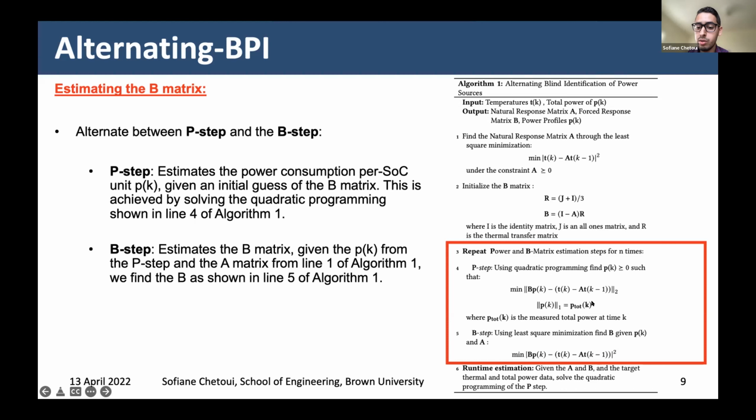So the number of unknowns in the P step is equal to the number of power sources times the number of time samples. And then in the B step, we use a least square minimization to find the B matrix given the previous estimation of the P_k vector. So here, the number of unknowns is just equal to the number of values in the B matrix, which is the number of power sources squared.